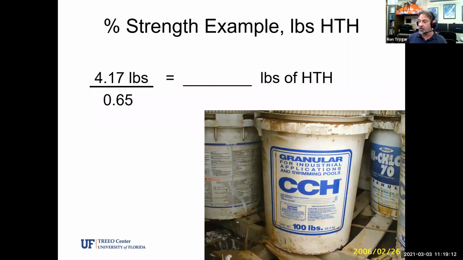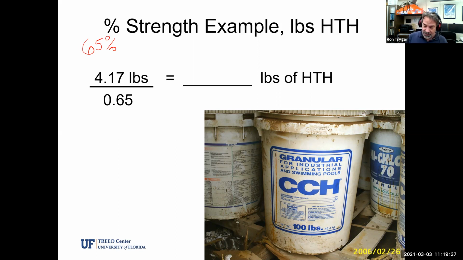So we had 4.17 pounds of 100% chemical, and now the formula tells us to divide it by the trade strength written as a decimal. So you see here 0.65 is given. Remember, it was 65% available chemical. So the 0.65 is that converted into a decimal.